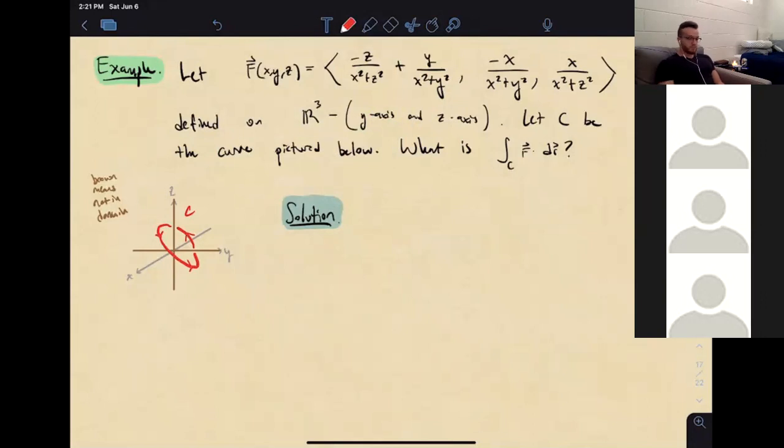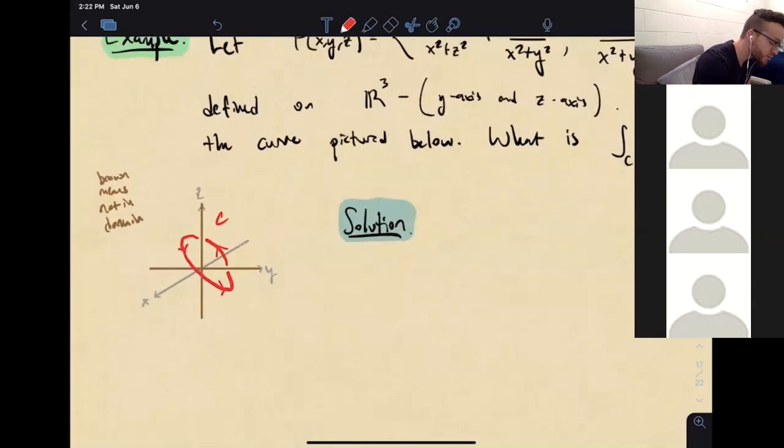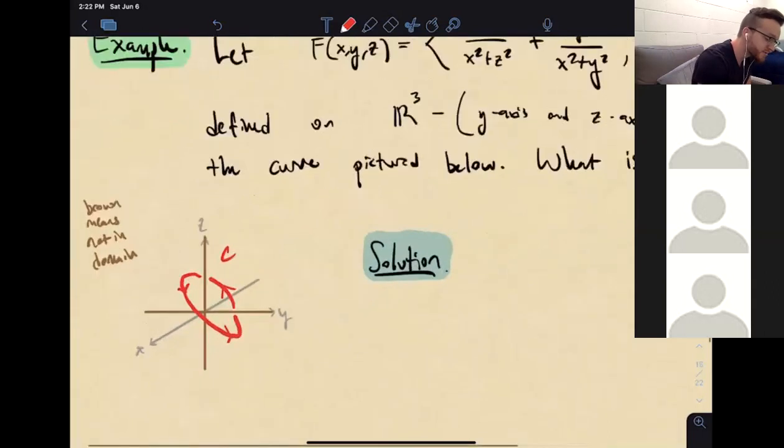Okay. Now, I'll get us started. One thing we definitely cannot do is evaluate it directly because we don't know what the curve is. I just drew a stupid picture, right? So we have to do something clever. And also, maybe let me just make sure that my picture makes sense, because this is important.